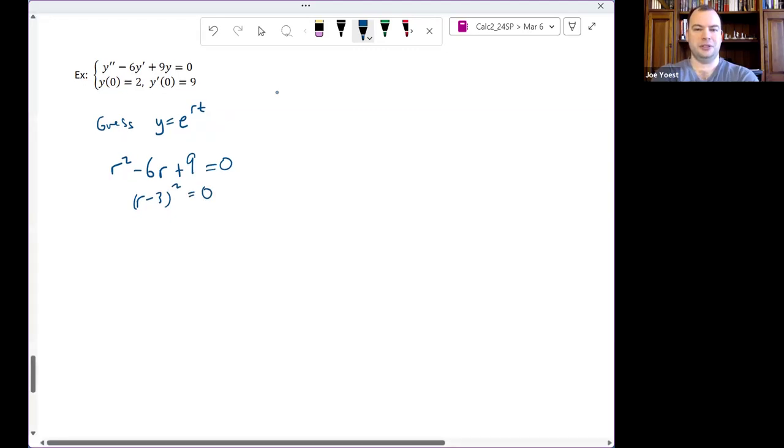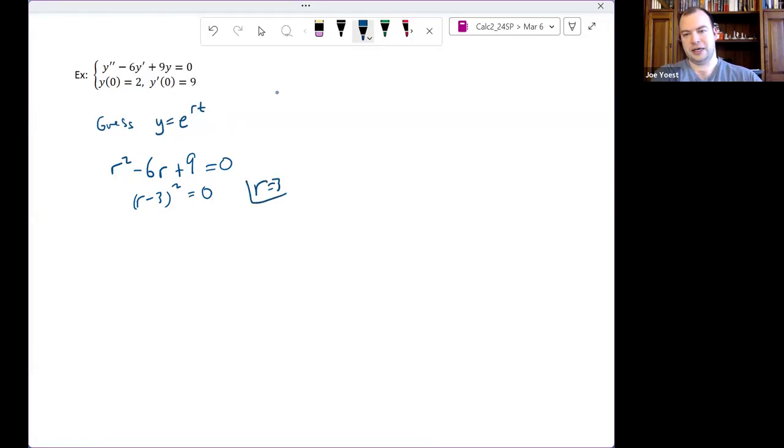So I have r minus 3 squared equals 0, or r equals 3 as my repeated root. So y1 equals e to the 3t. This is the case where I have a repeated real root.